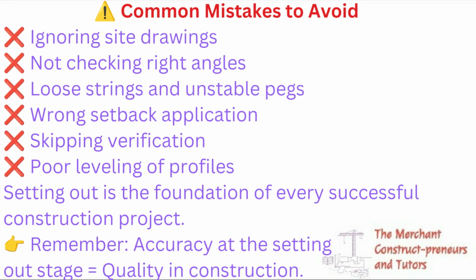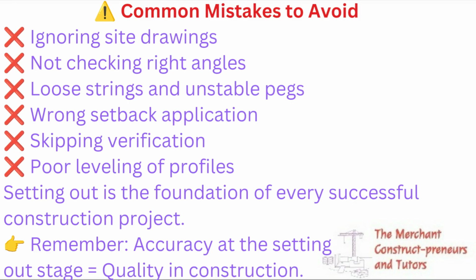The strings you put, or the pegs are not stable, avoid it. Wrong setback application. Always understand the local code to know the setback provided. Skipping verification. You need to verify whatever dimensions you have taken. Cross check and be sure that everything is okay. Poor leveling of profiles. Your levels must be accurate, right?